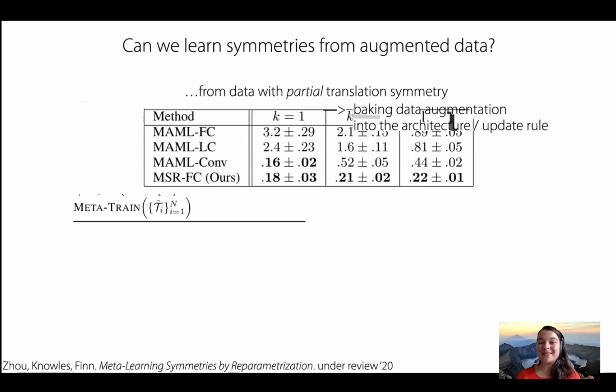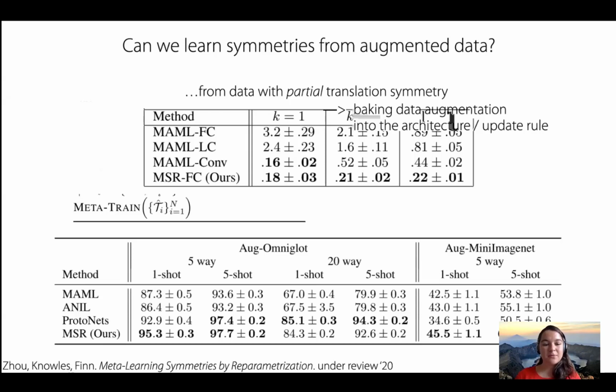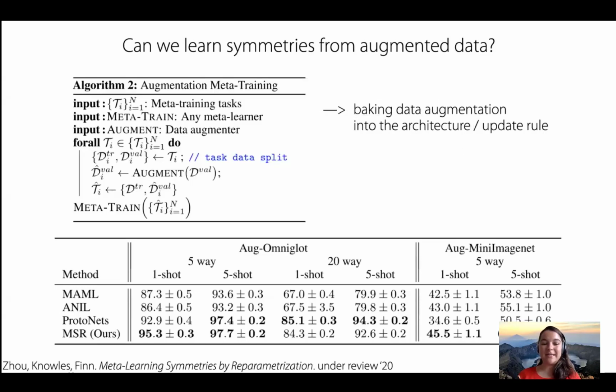Essentially, we're trying to bake the data augmentation into the update rule or the architecture that the meta learner acquires. And what we find is when we compare MSR to MAML, almost no inner loop, a variant of MAML that only trains the last layer, as well as prototypical networks, MSR is better able to capture these kinds of equivariances in its learning process compared to these prior works.